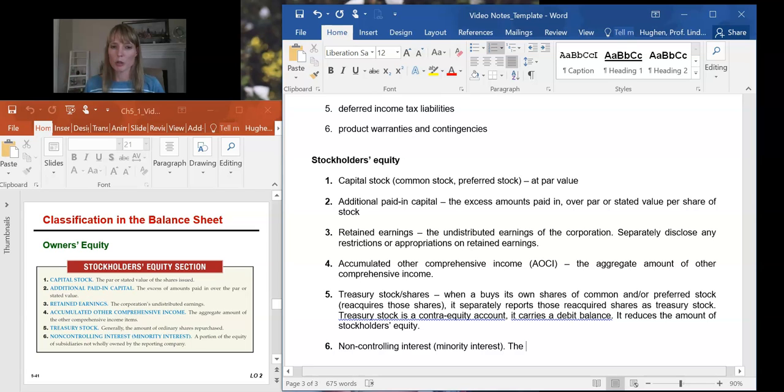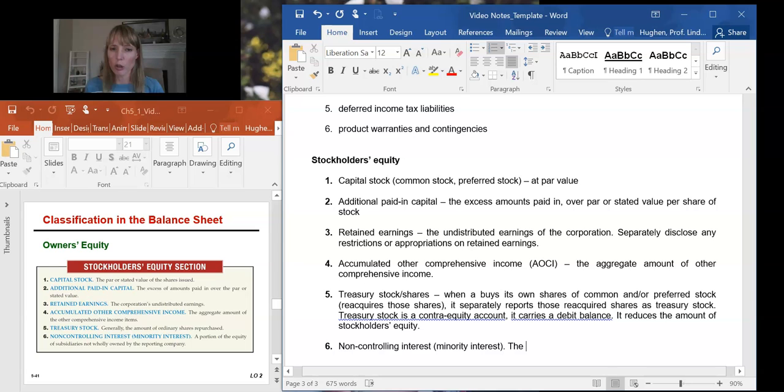Remember, when a company owns more than 50% of the stock of another company, it is considered to have control, and it consolidates 100% of the revenues and expenses of that subsidiary. Same rules apply for the balance sheet. The company is going to, if it has more than 50% of the common stock of the subsidiary, combine or consolidate 100% of the assets, 100% of the liabilities of that subsidiary.